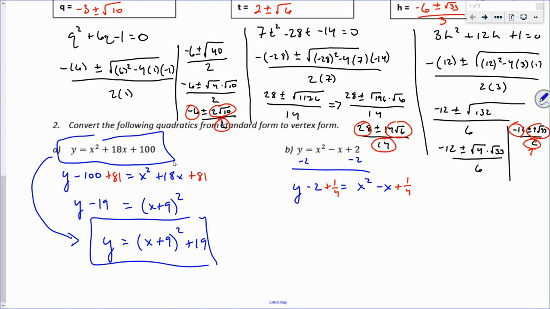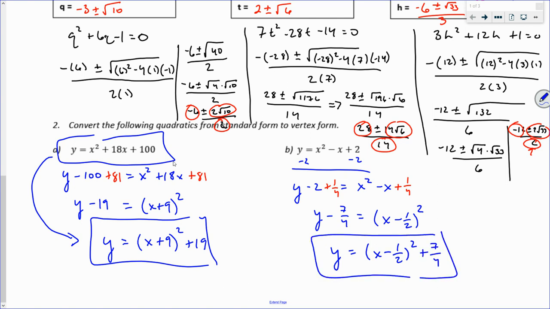So we make this y minus 7/4 equals x minus 1/2 is how this thing factors. Add the 7/4 over. So again, this vertex form and this standard form make the same parabola.